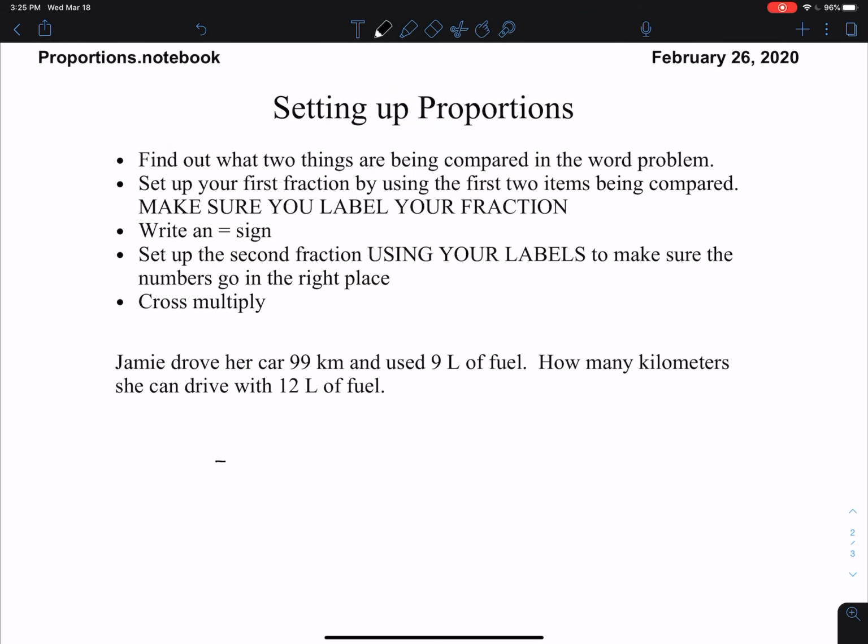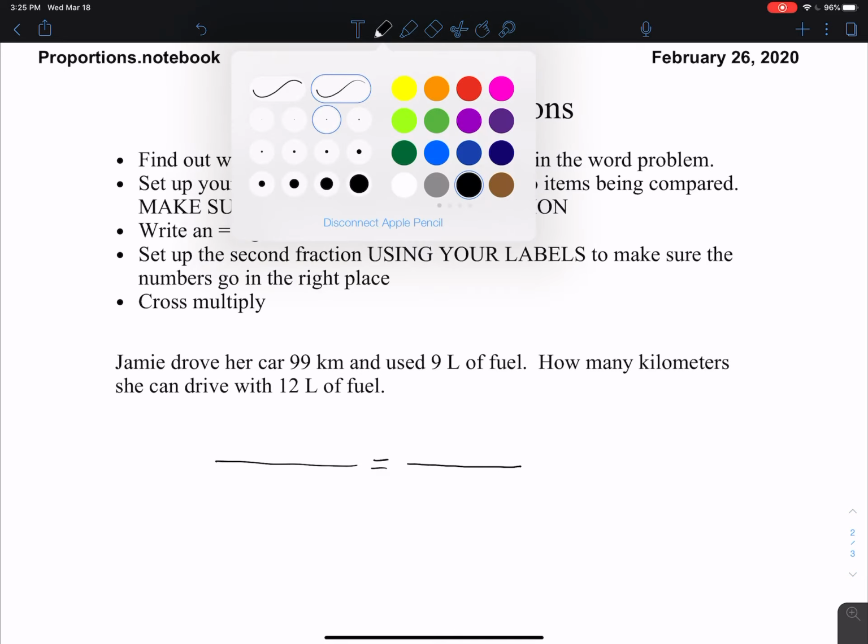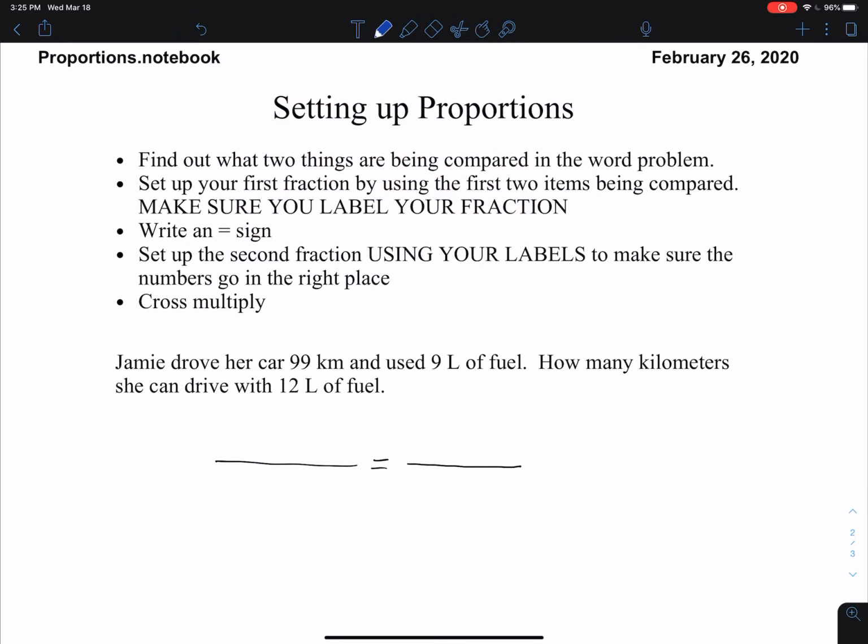So I'm going to set up my proportion and read through this example. It says Jamie drove her car 99 kilometers and used 9 liters of fuel. How many kilometers can she drive with 12 liters of fuel? So if I look, the two things that are being compared are kilometers and liters.